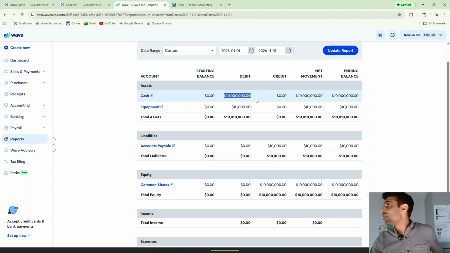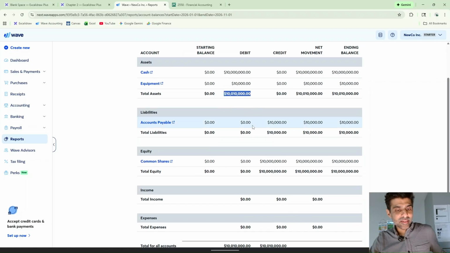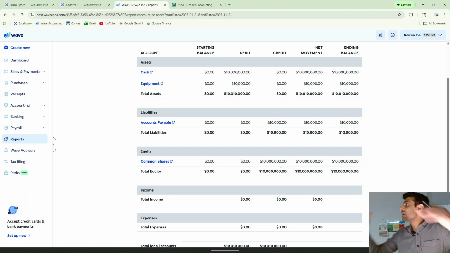Cash, from that first issuance of stock, I have $10 million. And now I have equipment, debit balance, 10,000. This is my total assets. Accounts payable, I have a credit now, 10,000, and then common stock, credit balance, 10 million.